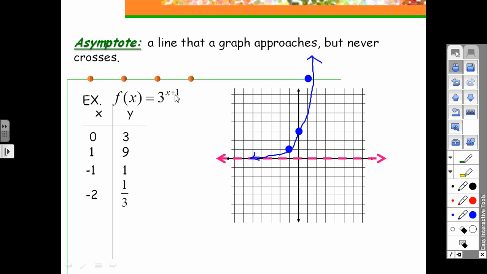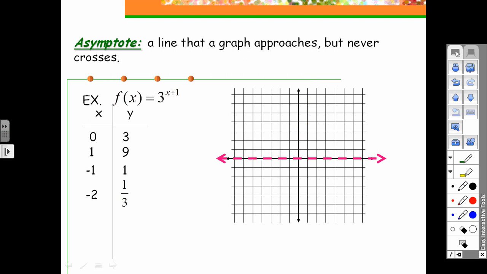But now that we have x plus 1, we got that point shifted 1 unit to the left. So if you remember how I said the opposite direction from the sign, we have a plus 1, so we shifted to the left 1. So everything got shifted to the left 1. Okay, so there's that point that used to be over here. So just keep that in the back of your head. We're going to do another example here.